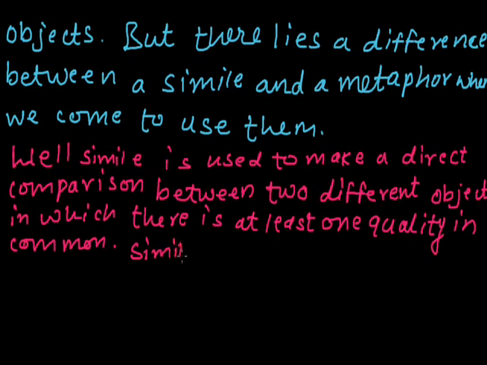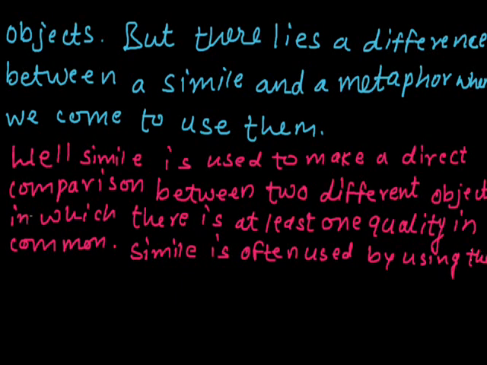Simile is often used by using the words like and as. So wherever you find like and as between two objects in the line of a poem, you can take it as a simile. Let us see an example.